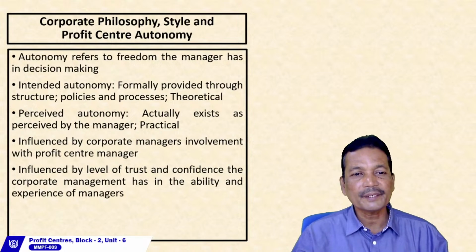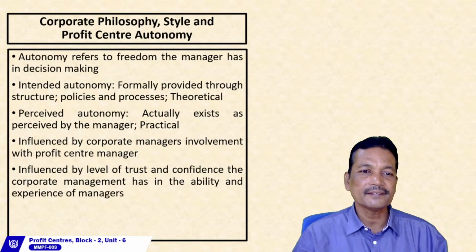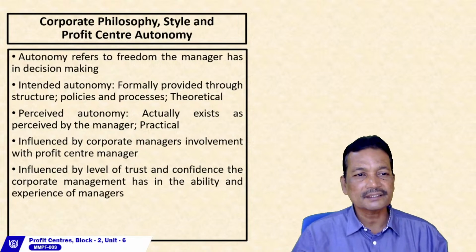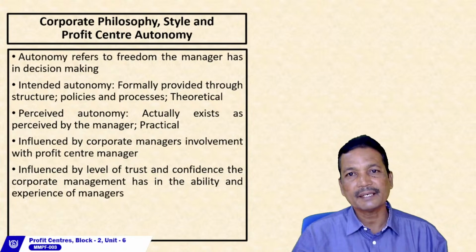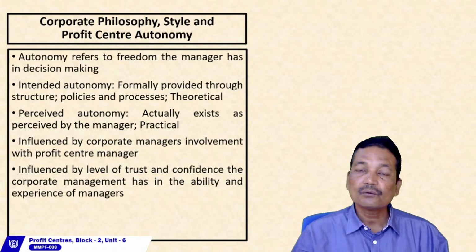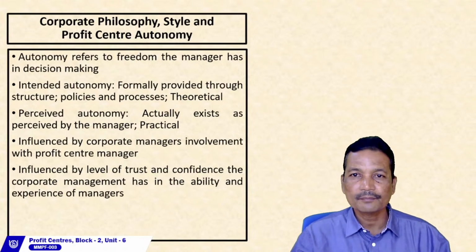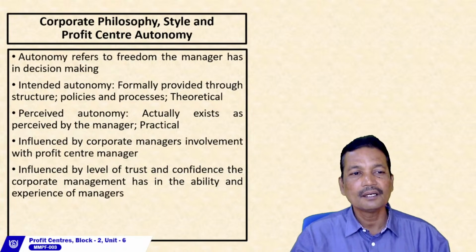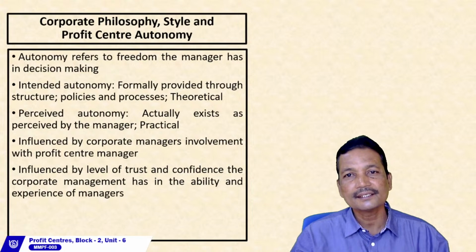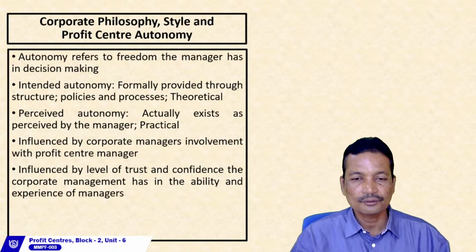Now this autonomy is influenced by corporate managers' involvement with the profit center manager. On one hand, we say the profit center manager should have autonomy, or they should have the perceived autonomy. That means they should be practical in their decision making approach.